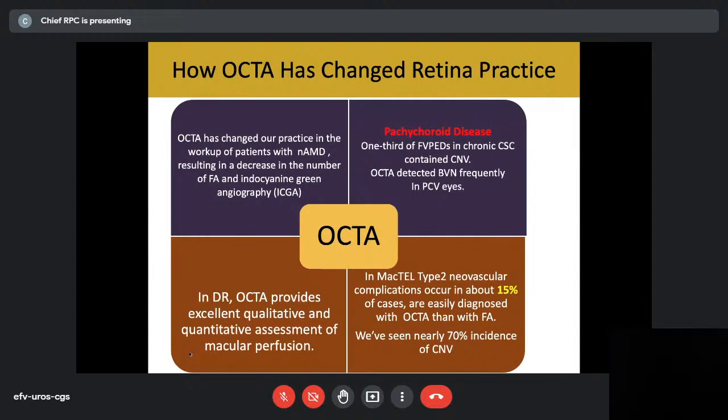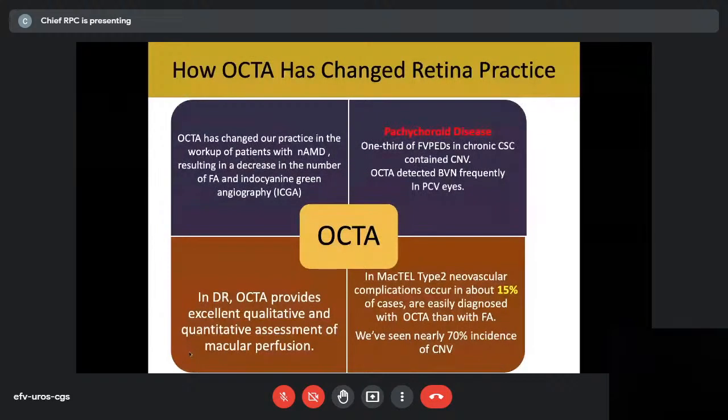So I just want to say a last word about OCTA, how it has changed retina practice over the last few years. In the workup of neovascular AMD patients, there are fewer FA/ICG visits. Neovascular AMD patients, as well as diabetic retinopathy patients, all require a monthly or six-weekly visit to some ophthalmologist.